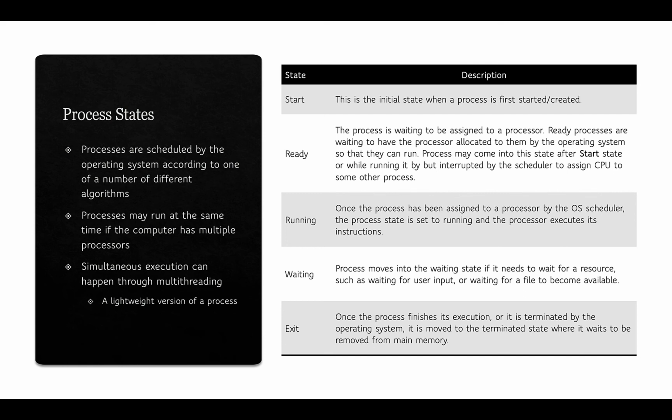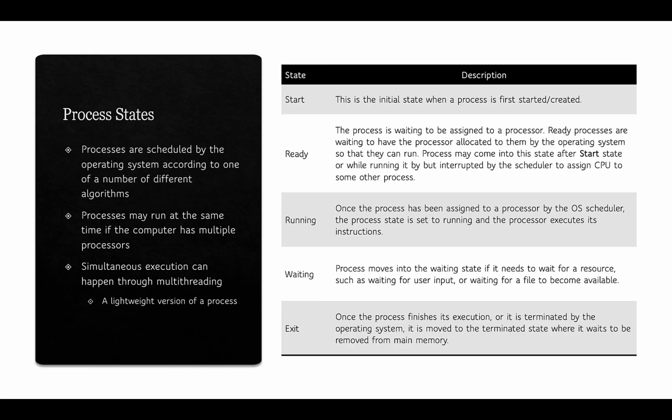So, just to recap that, processes are scheduled by the operating system according to one of a number of different algorithms. Processes may run at the same time if the computer has multiple processors. This is common in a lot of computers at the moment, that they'll have multiple processors, and that does allow you to run multiple processes at the same time.